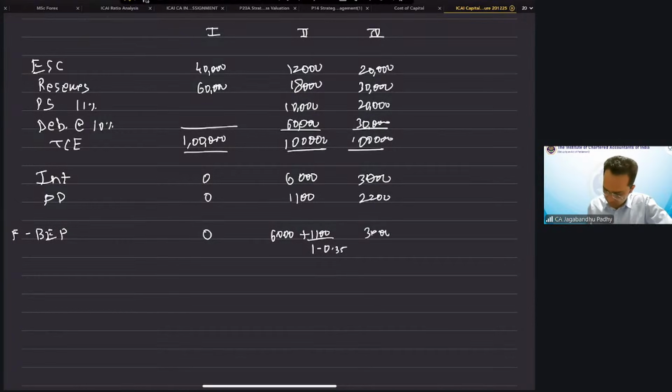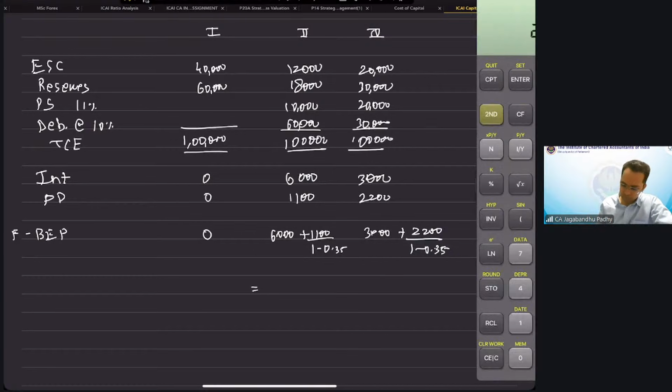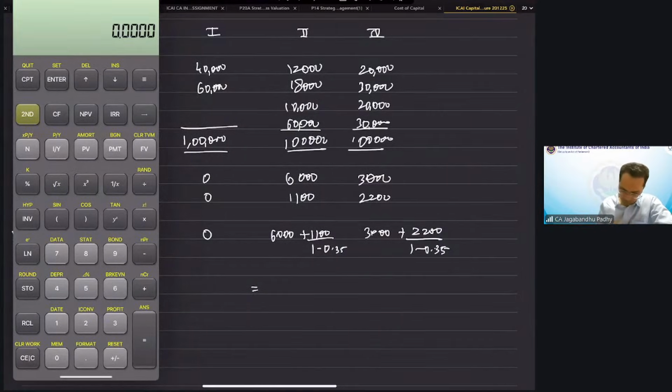And then this is 3,000 plus 2,200 divided by 1 minus 0.35. So 1,100 divided by 0.65 plus 6,000. So we have 7,692 as the break-even point.